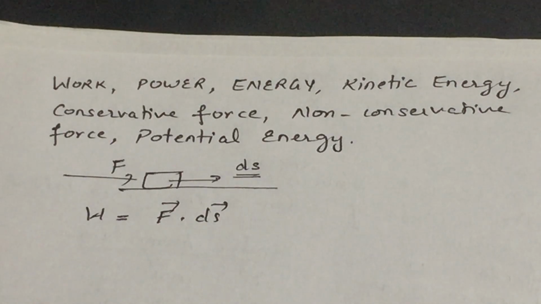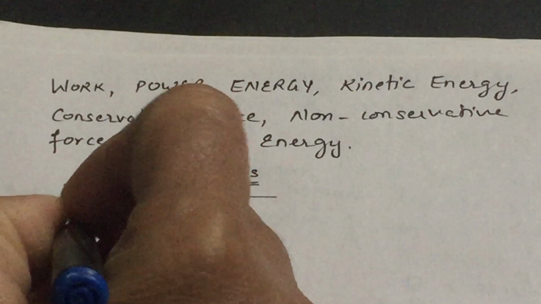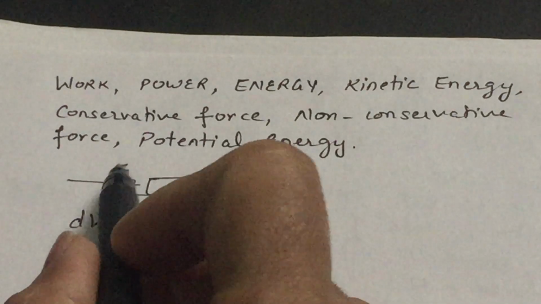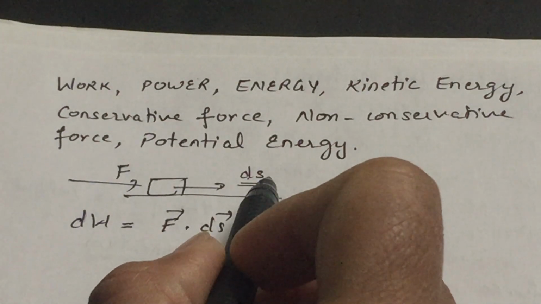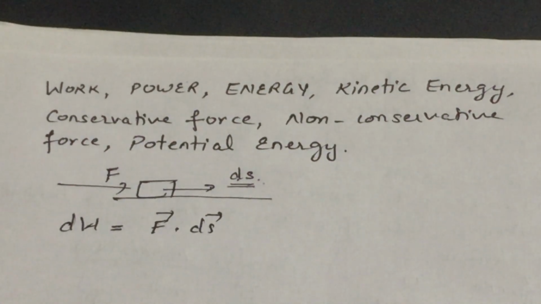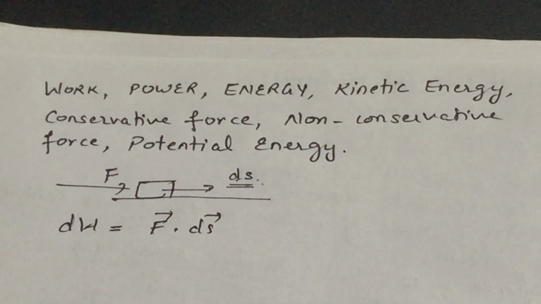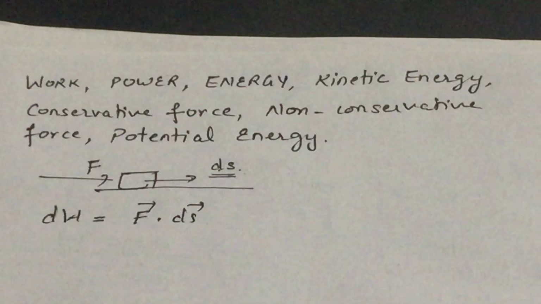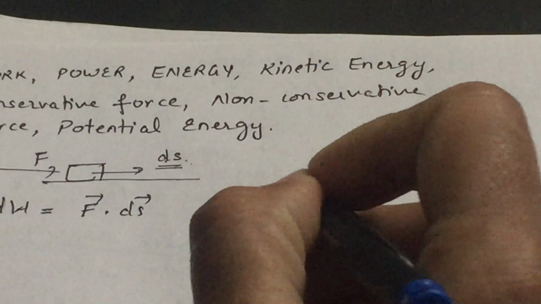If displacement is very small, then the work comes out to be small. The displacement and force direction should be the same, but in every case that is not possible. At that time we take only the component of the force which is in the direction of displacement. Let us consider that case also.